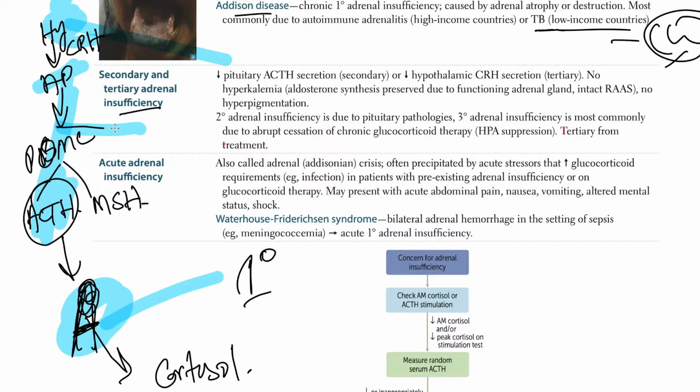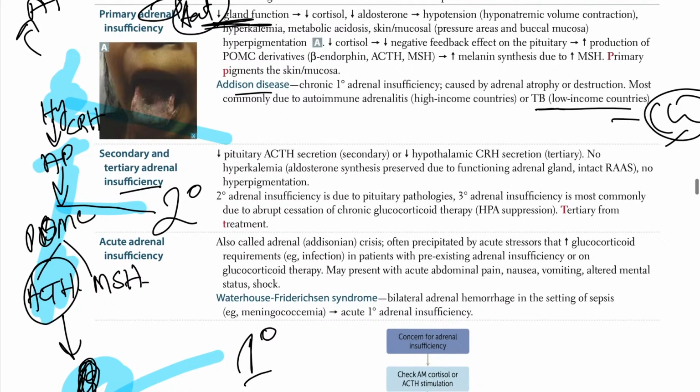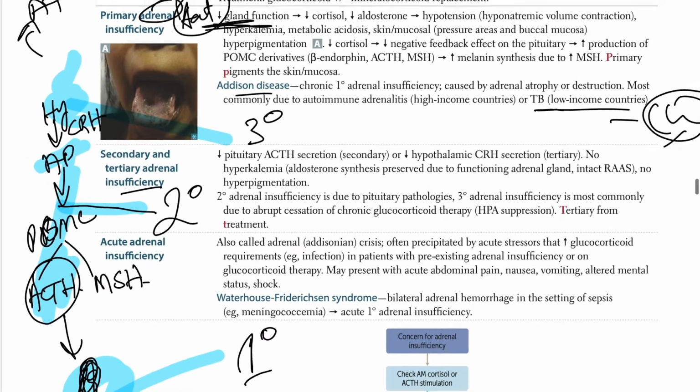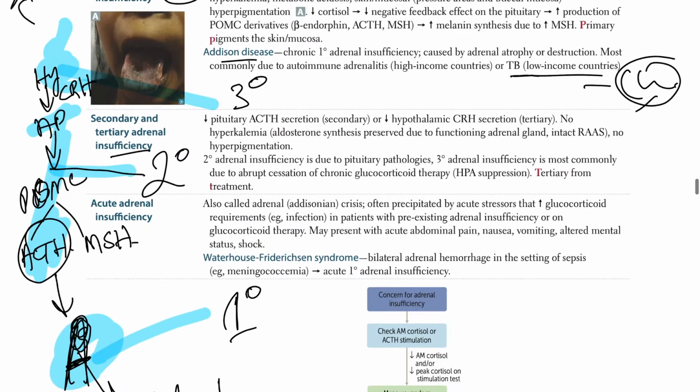You have a problem within the anterior pituitary, it's going to be your secondary adrenal insufficiency. And if you have a problem in the hypothalamus in the CRH synthesis, that's going to be your tertiary adrenal insufficiency. Hope this makes sense. With that, let's move on.